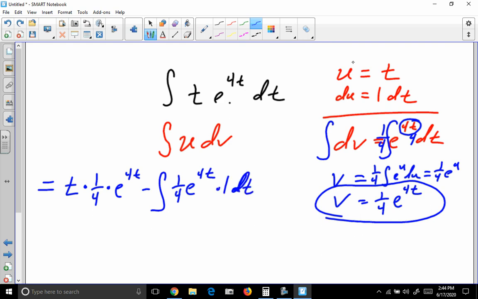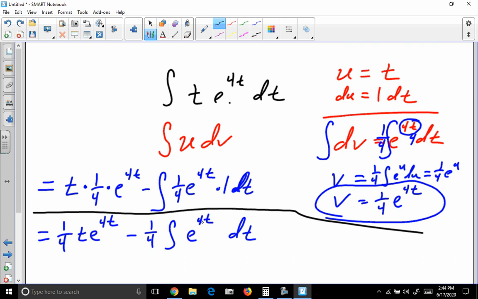Notice the good thing about u being t: du is just dt. So let's copy this. We have 1/4 t e to the 4t. We can bring this 1/4 out front, and then we're just left with e to the 4t dt, which is something we can integrate. We don't have to do parts to integrate that.